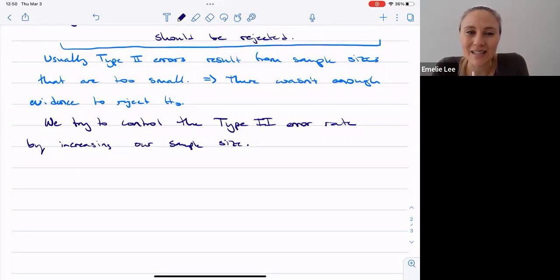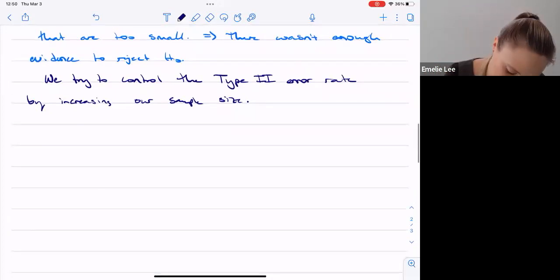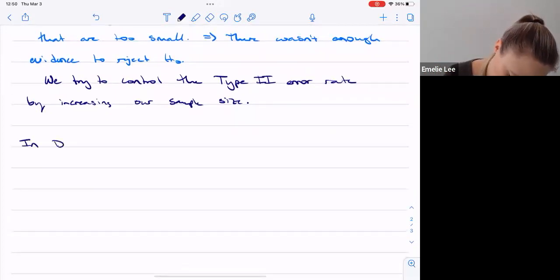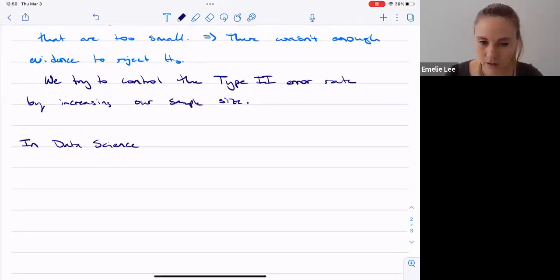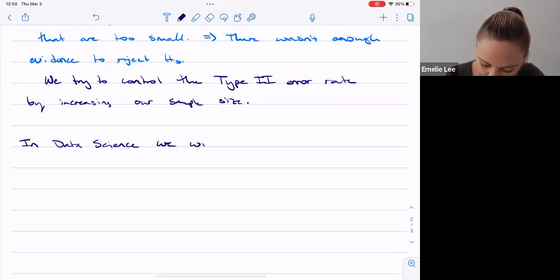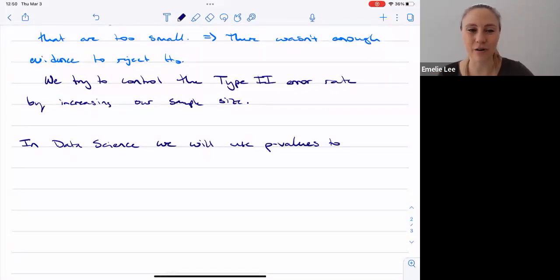But in the end, we're only going to be interested in practical significance, okay? So in data science, we will use p-values to guide our findings, right?